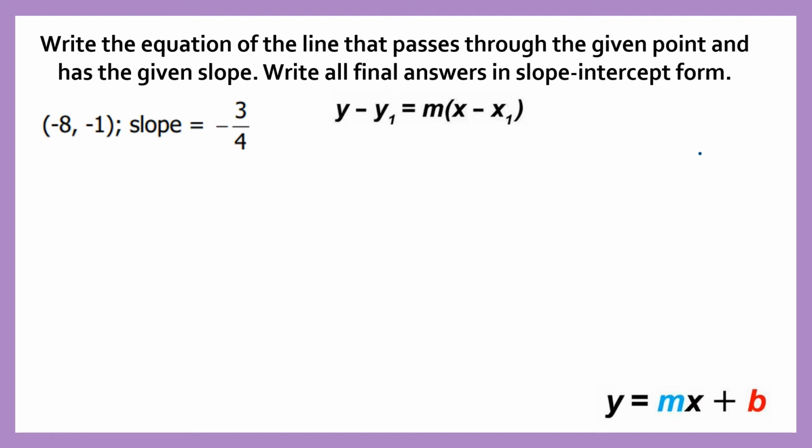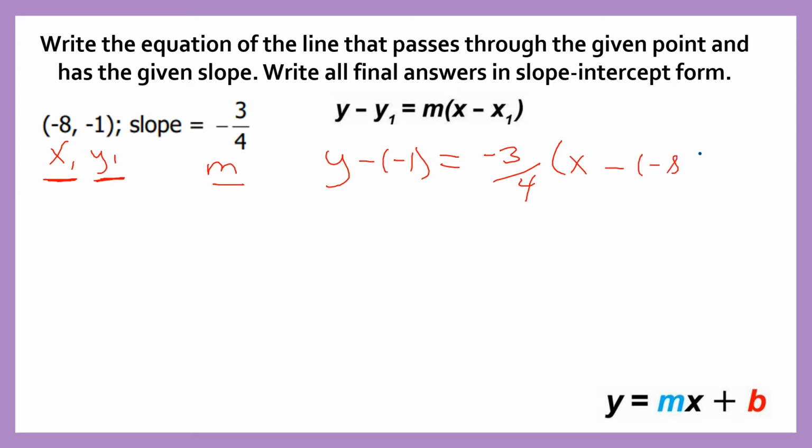So the first thing I'm going to do is label my point x sub 1, y sub 1. My slope is m. And I'm going to simply plug it into this formula. So I bring down my y minus, and since I have a -1, that is my y sub 1, equals m, which is my slope, -3/4, times x minus, and my x sub 1 is -8, so it's going to be a double negative there.